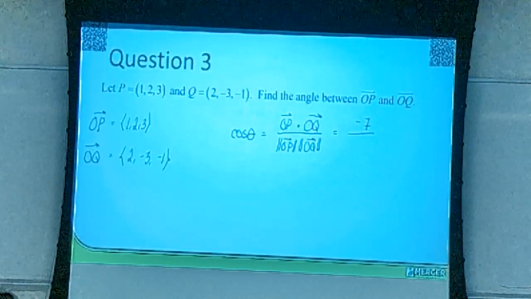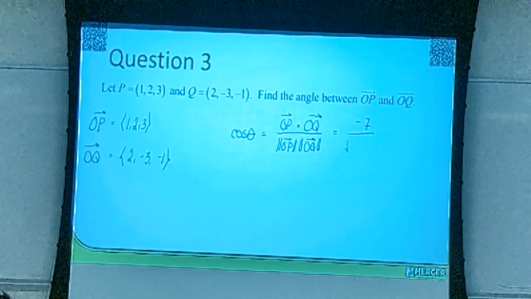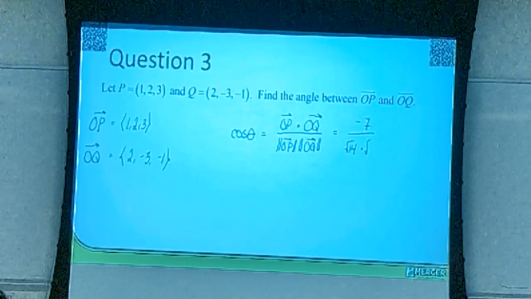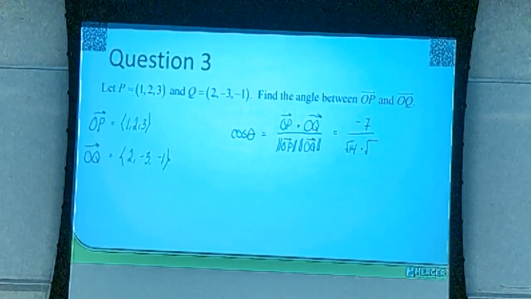Then 1 squared, so 1 and 4 is 5, 5 and 9 is 14. Times root 4 and 9 is 13.